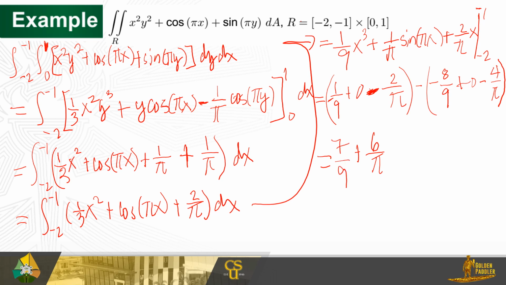Then this, -2 plus 4. Right. -2 plus 4. That is positive 2. Okay? So it becomes positive 2/pi. Okay? So I made a slight mistake.